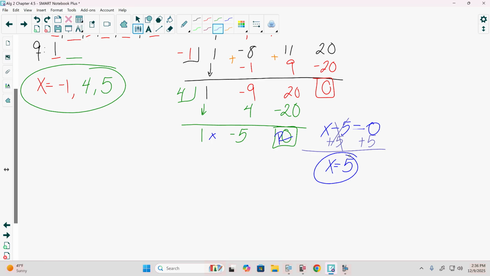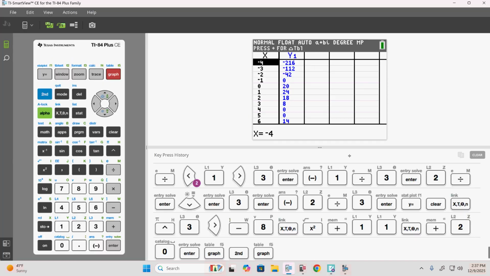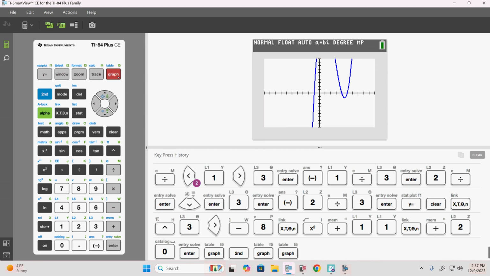Questions on this here? We good? You able to graph it? Were you able to get it graphed? To look at the table or graph. Yeah. So once we get it typed in, hit graph.